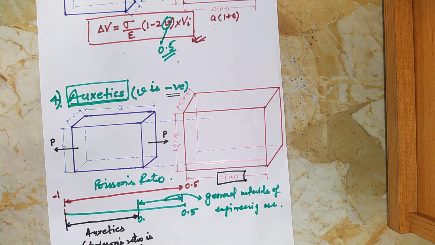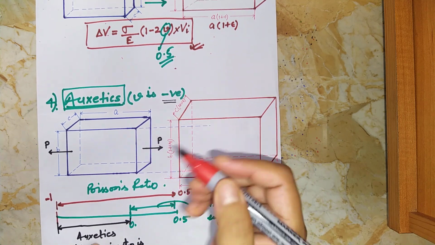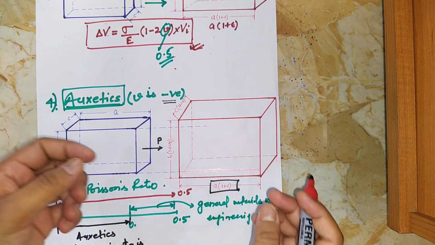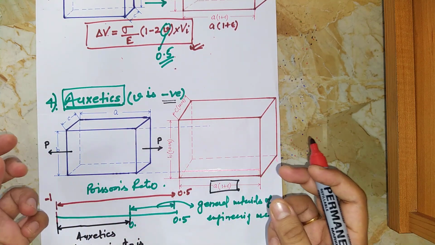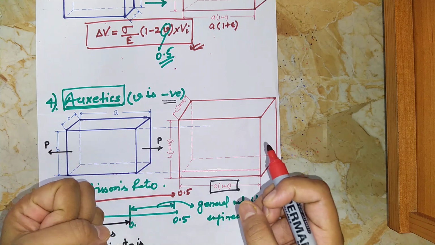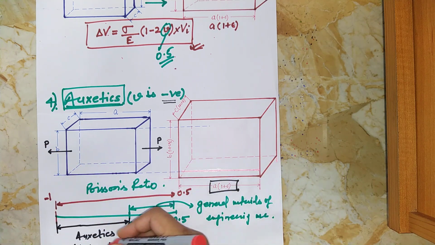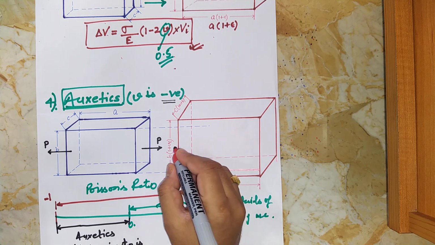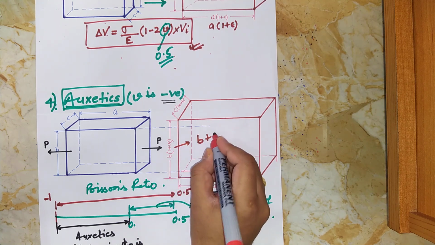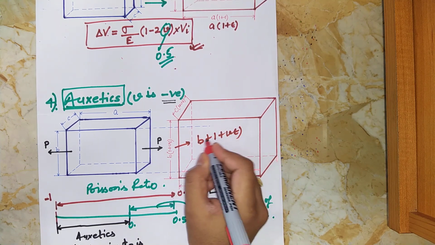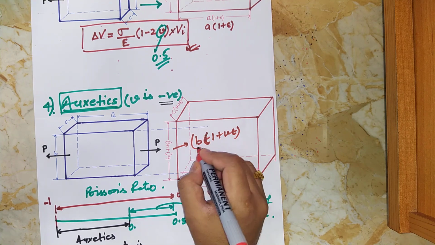But parallelly, there's a general understanding that when we elongate a thing, it should contract in the lateral direction. But in case of auxetics, since the Poisson's ratio is negative, we see that there is an increase in lateral dimensions also.